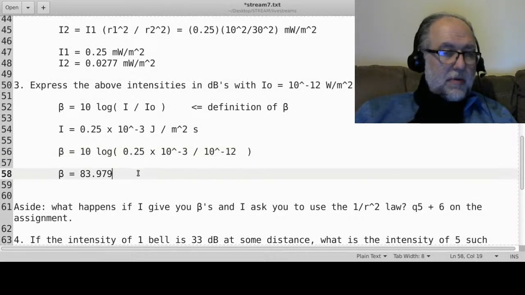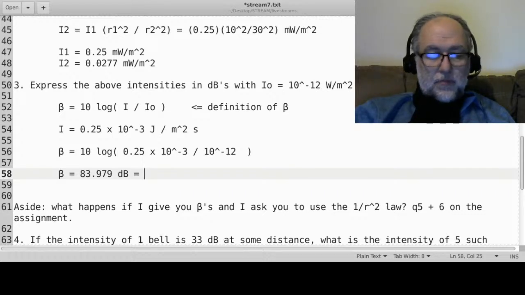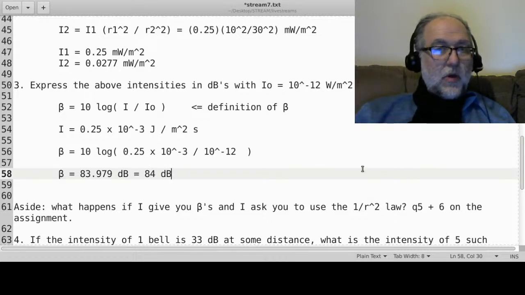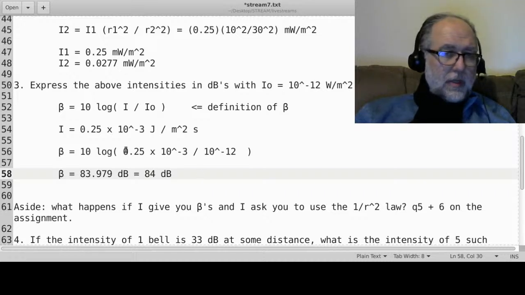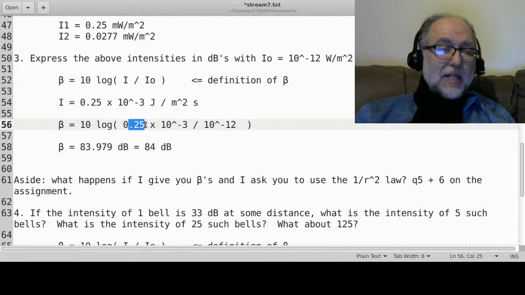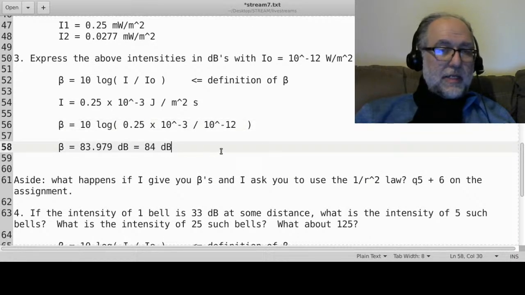So it turns out to be this number here, decibels, but I'm going to round off to 3 decimals. That's going to be 84 decibels. So there you go. That's what that intensity is in decibels. 0.25 milliwatts per meter squared is 84 decibels.